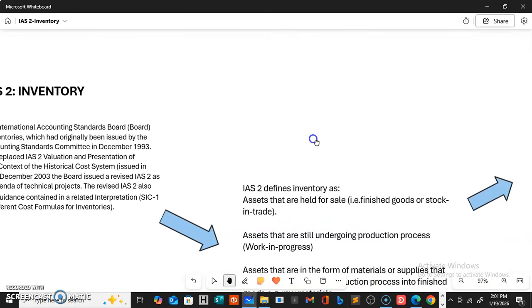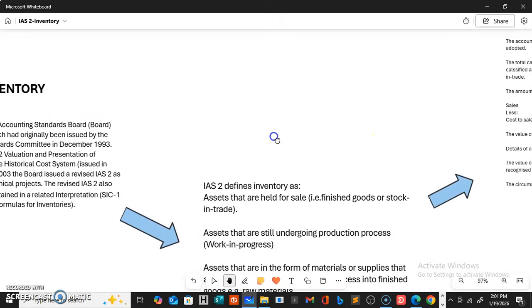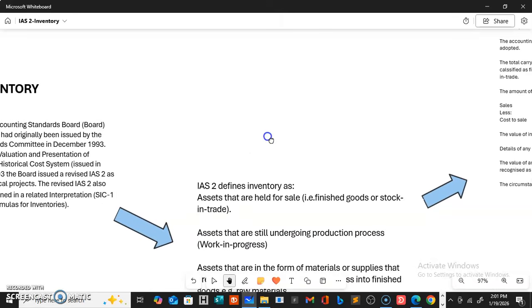Now, the inventory definition is in three steps, or phases. What I mean is that IAS-2 defines inventory in three forms, okay? First one is that inventories are assets, okay?